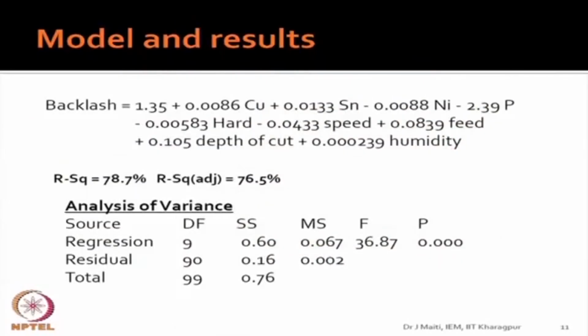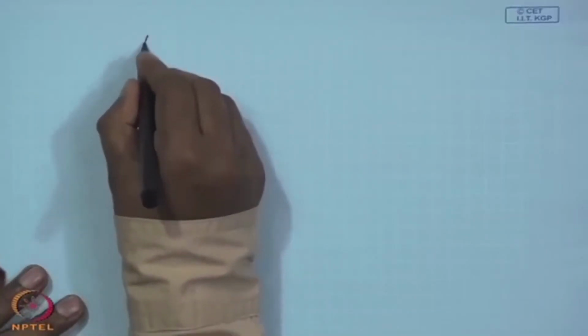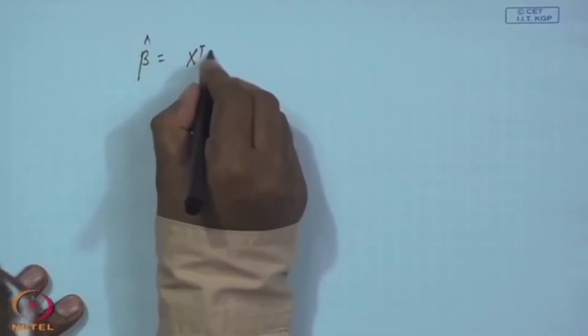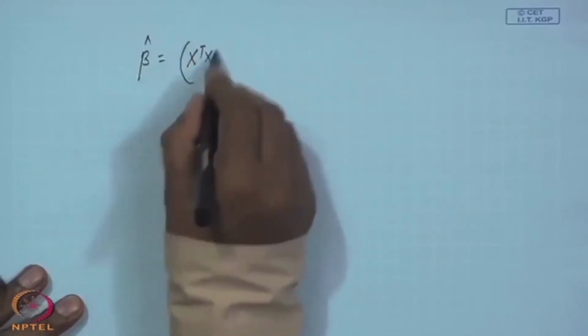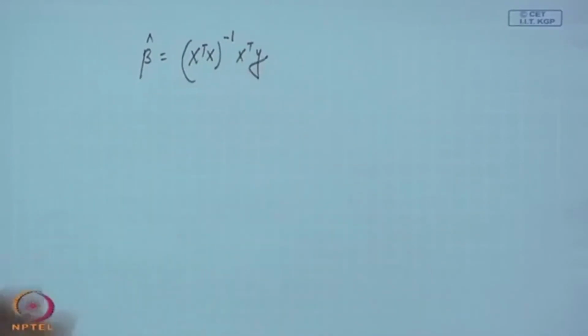Then you have to fit the model. Okay. So, this is our regression fit, our regression equation, and I am sure you can recollect the formula we used to calculate beta. Beta cap is x transpose x inverse x transpose y.